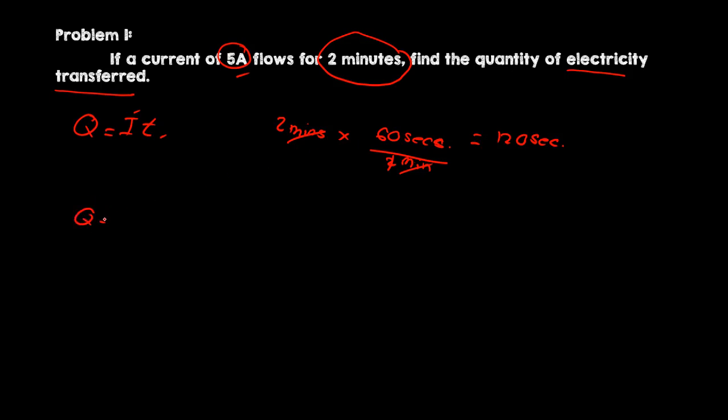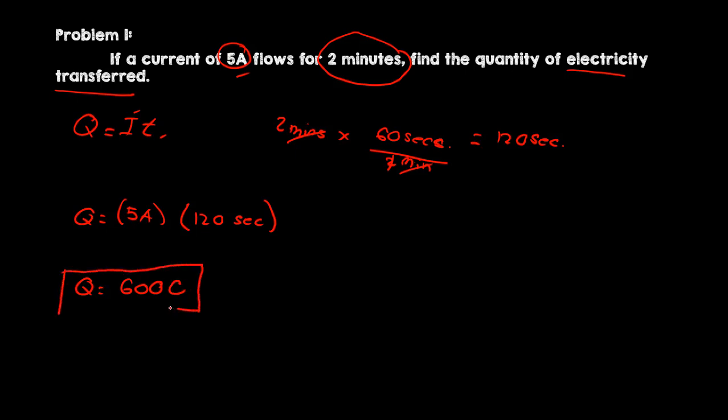Q is equals to 5 ampere times 120 seconds. So, the answer is 600. Again, the unit of Q is coulomb. 600 C. That's a simple question.